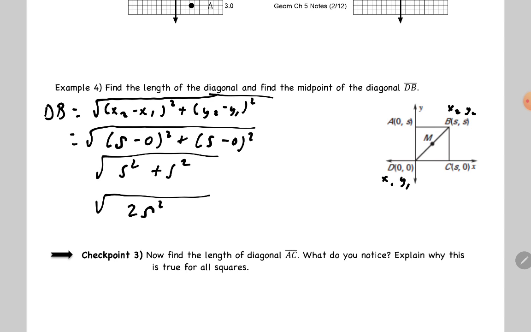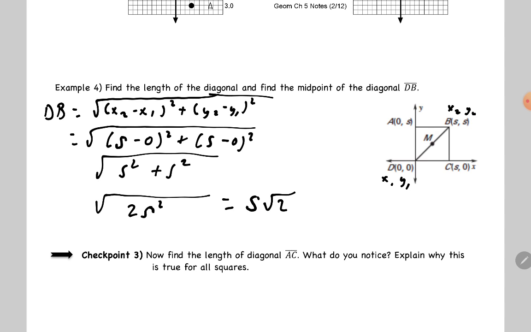And this would simplify to s times the square root of 2. Now, that's the length. And that's the length of any diagonal of a square. If you knew the side length, you just times it by the square root of 2. And that's your diagonal.